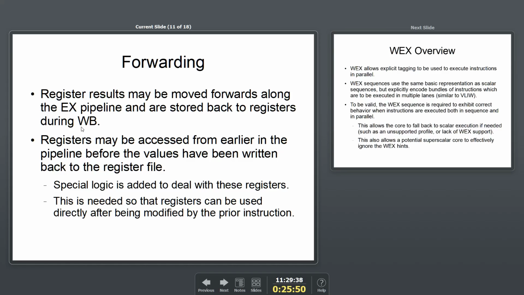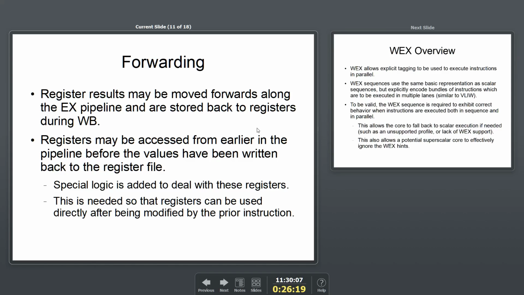When this is the case, if ID1 or ID2 sees them, it'll just grab those values rather than grabbing the actual ones from the register arrays. Similarly, if EX2 has written the values, they can be fetched from there instead of from the register arrays.